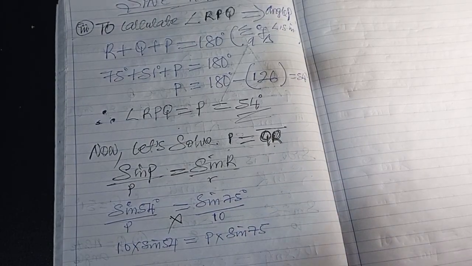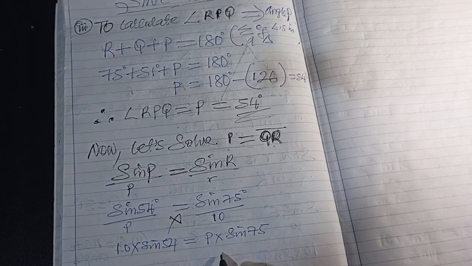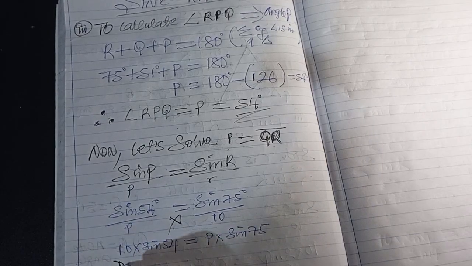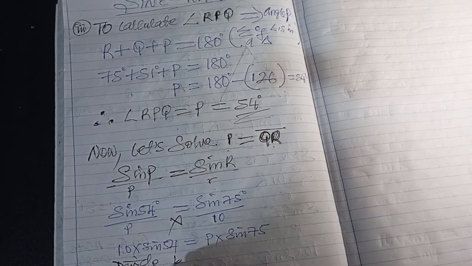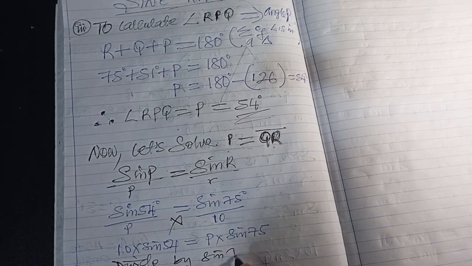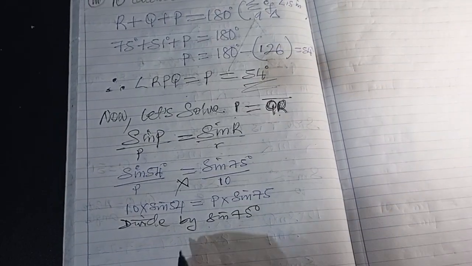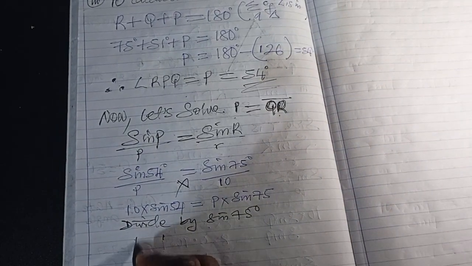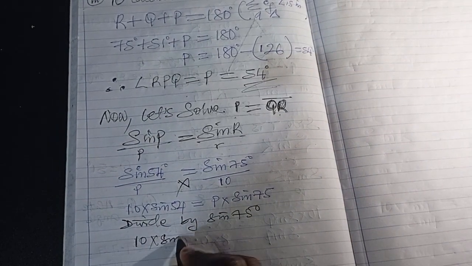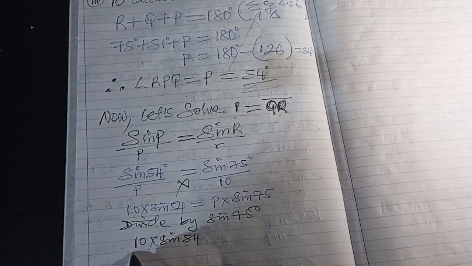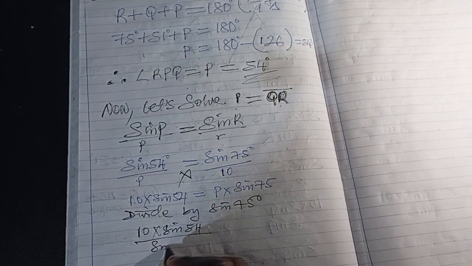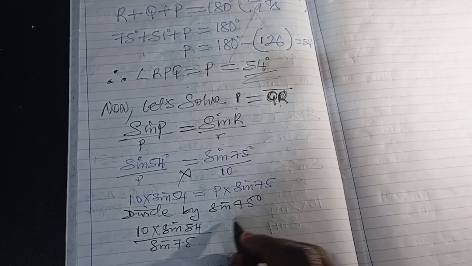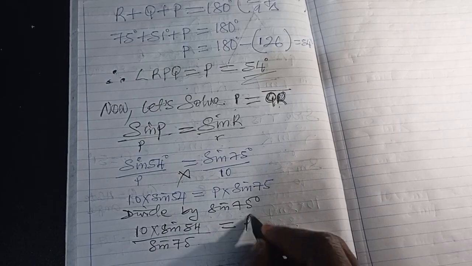So that we can solve straight over here to divide by sine 75.